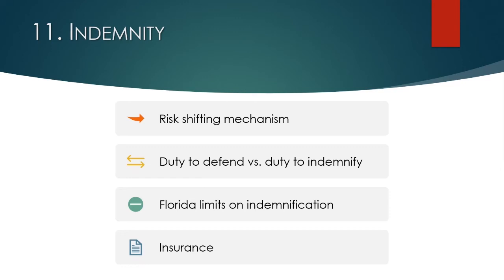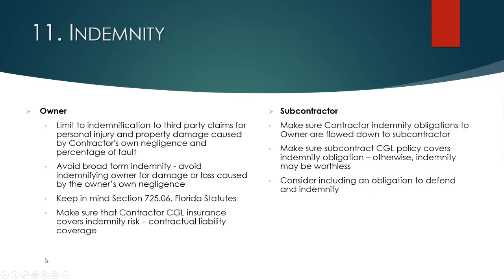So let's talk about the different sides of the fence here when it comes to the prime contract or the subcontract. With respect to the prime contract, you want to, as the general contractor, limit your indemnification obligations to third-party claims.